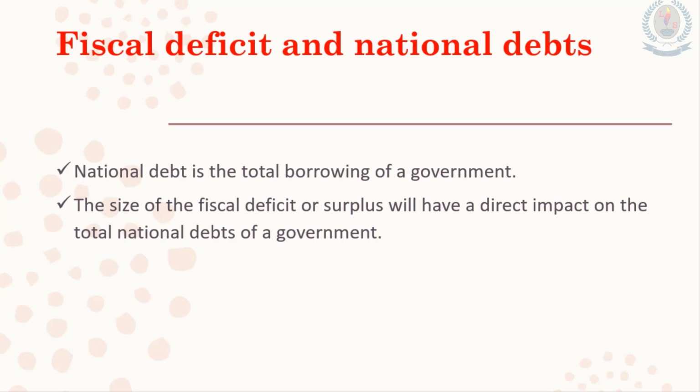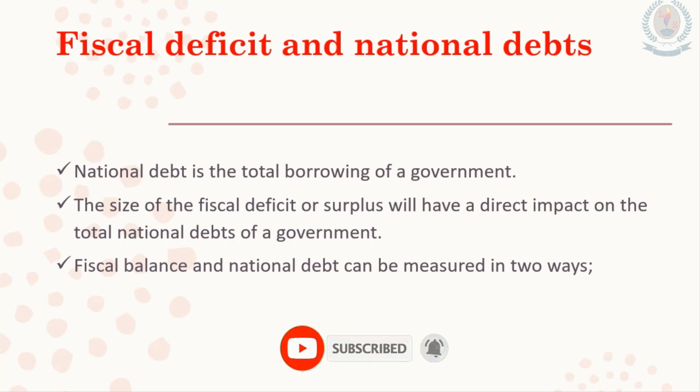Suppose the fiscal surplus of a country is 5 million, then the national debt of the country will reduce by 5 million. So based on the value of the fiscal deficit or surplus, the level of national debt will also vary.